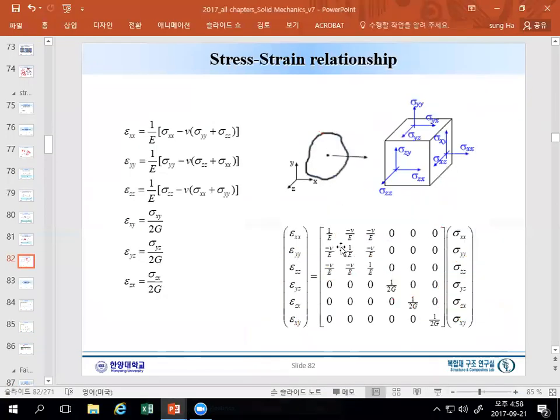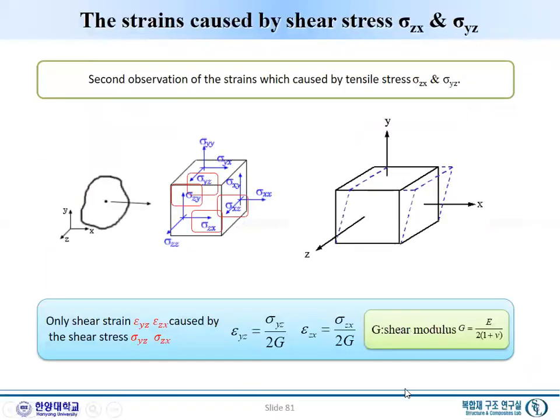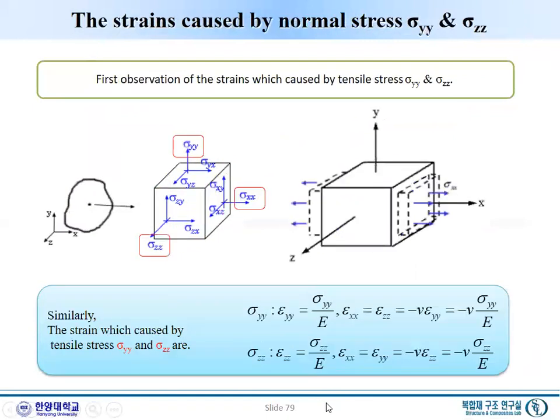Now, very important, okay, I need to go through this one. Here, for example, we already studied this, but sigma x we apply, and now we are trying to relate stress and strain. How many strain components? 6.